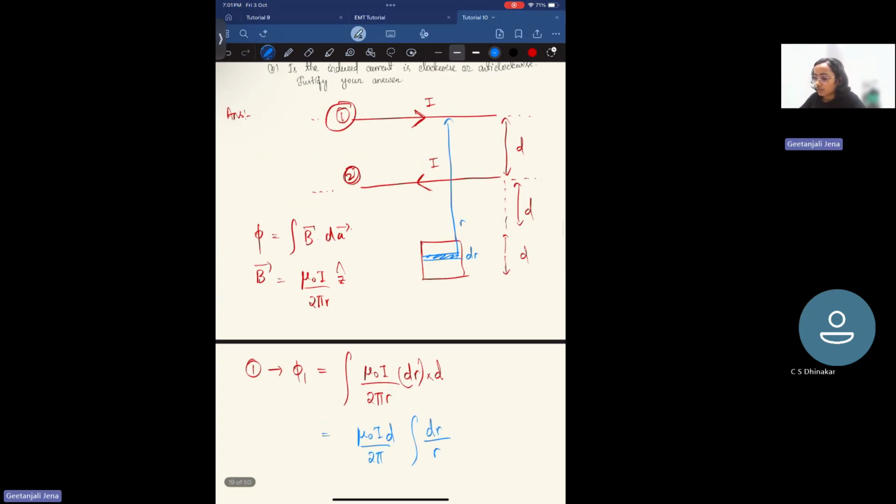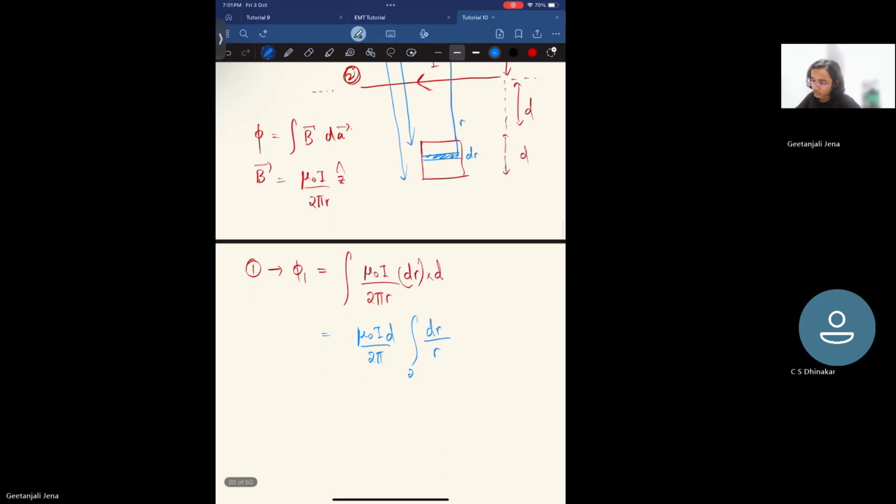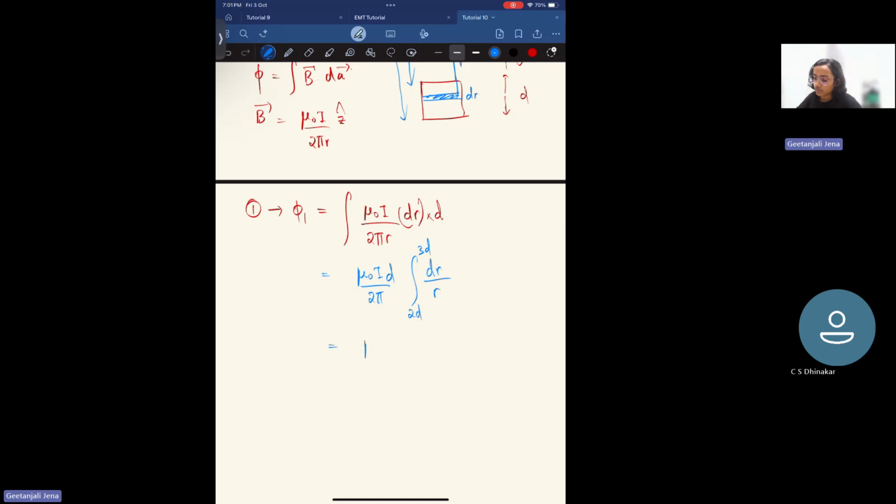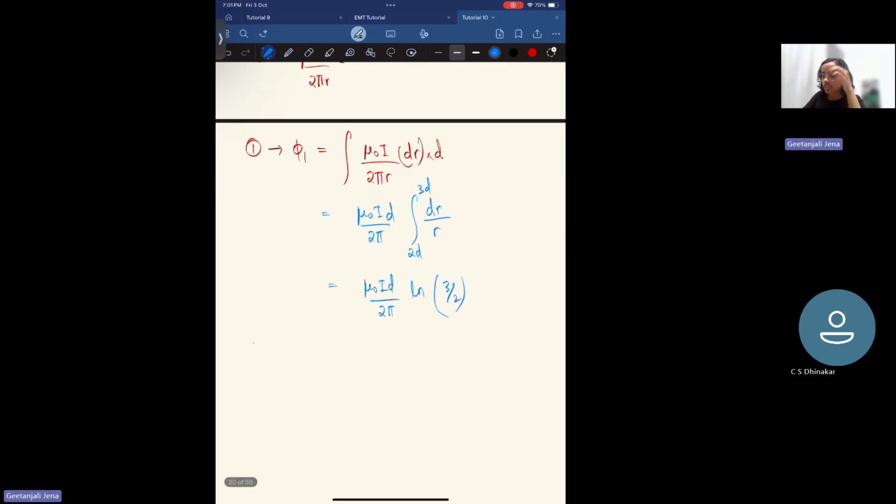And the r for the first wire, what will be the lower limit? It is 2d, right? This is 2d and the maximum distance is 3d. So from 2d to 3d, this is mu naught I d by 2 pi ln r. So this will give mu naught I d by 2 pi ln 3 by 2. Okay, so this is for the first wire.